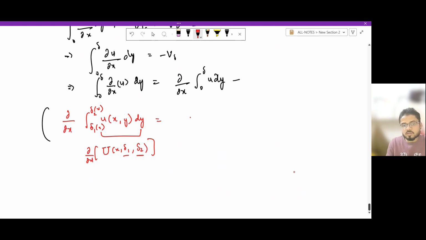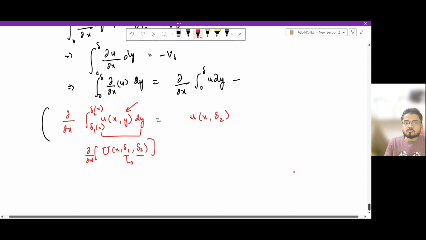Of course, if you differentiate it again, there would be an extra del over del x term, but you can always revert back to the integrand of this particular integral. So knowing that, you could always write this as U(x, delta 2) d delta 2 over dx minus U(x, delta 1) d delta 1 over dx.